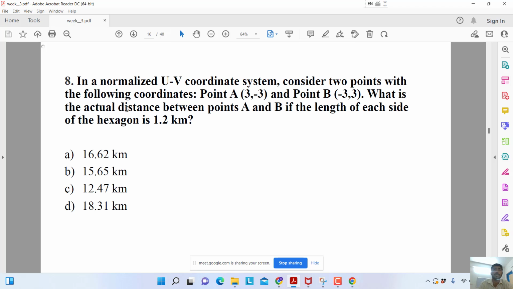So we have to calculate the actual distance between the 2 points, and the side of the hexagon is given as 1.2 kilometers. Please try.